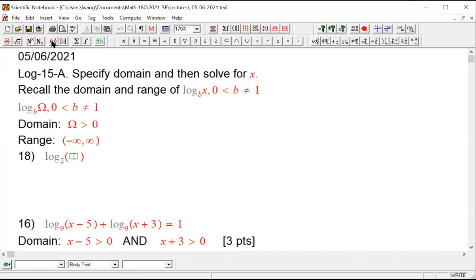Sometimes there's no solution. Sometimes there's one solution. Sometimes there are two solutions. And sometimes one solution is not adequate because it's out of the domain. So there are all kinds of situations, and that's why we have to check.